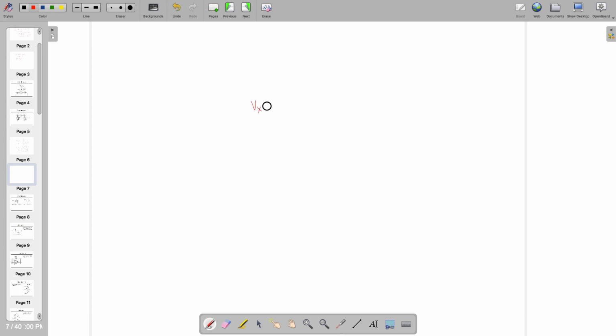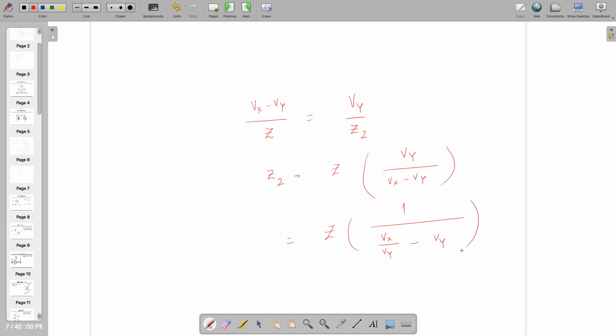So Vx minus Vy by Z has to be equal to Vy by Z2, and that's how we can find out Z2, which is equal to Z times Vy divided by Vx minus Vy. You can write down that Z divided by Vx divided by Vy minus 1, right?